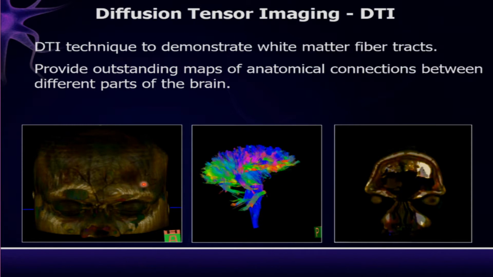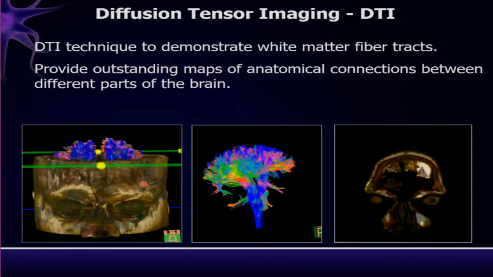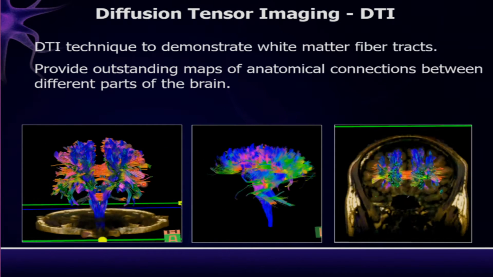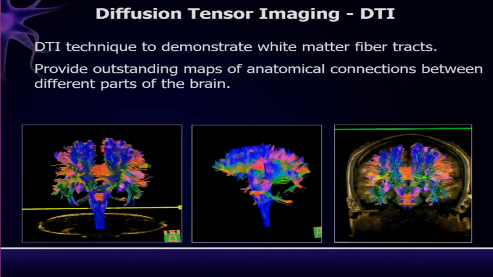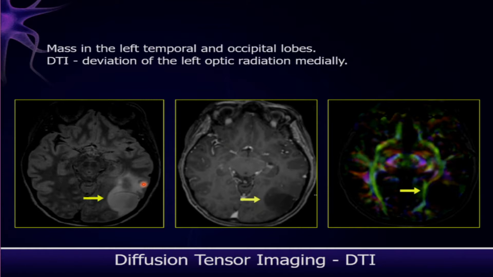Diffusion tensor imaging, or DTI, is a technique to demonstrate white matter fiber tracts. This provides an outstanding map of anatomical connections between different parts of the brain. It's very useful for the neurosurgeon in planning surgery. This is a patient with a mass lesion in the posterior temporoparietal region.